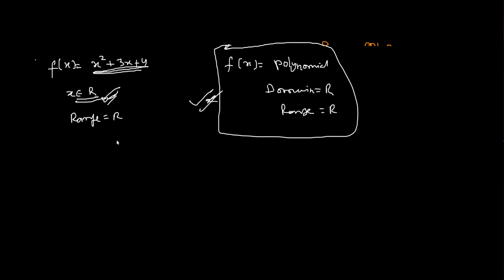Is there any question where they are not all real numbers, where they are other numbers? If real numbers are not satisfied, then you will have only non-polynomial type problems.